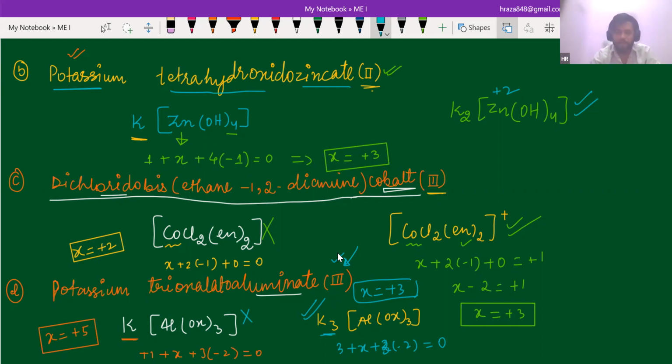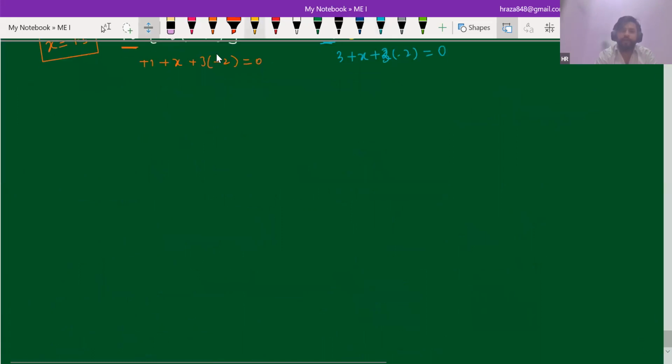Everyone done with this? Anushka and Alan. Yes, sir. Okay, so these were basically the rules for writing the formula. Now there are rules for writing the name. There is the IUPAC name, as I told you in the previous class.